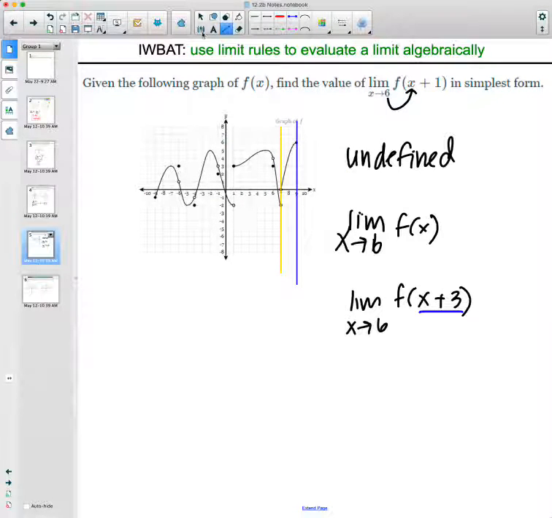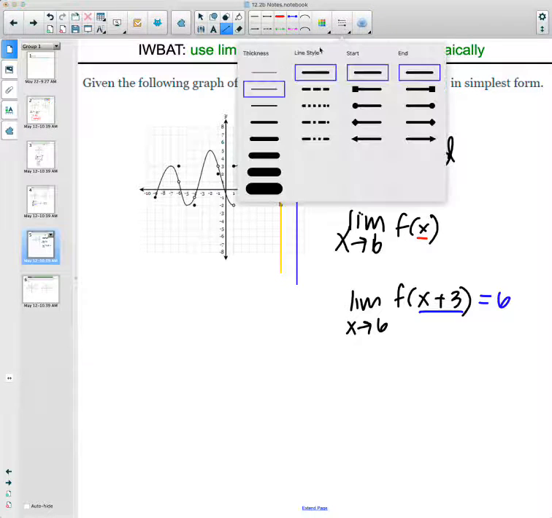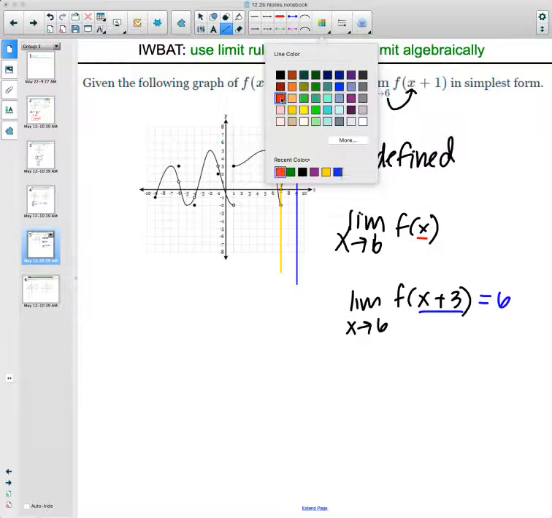So if you have something added or subtracted in that function, as opposed to the limit as x approaches 6 of just f of x, then we would be looking at the actual 6.